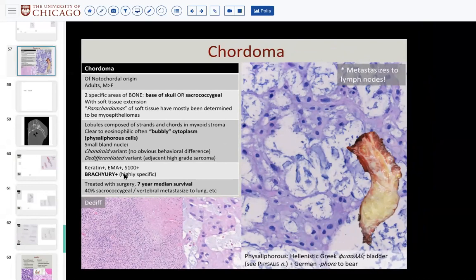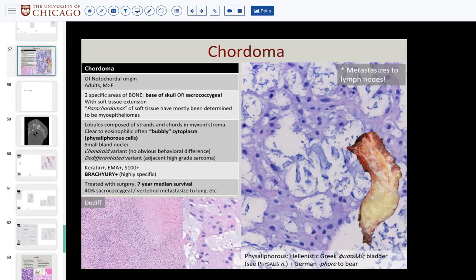Brachyury should not be. I only mention this because historically in the literature, there were these things called parachordomas. I don't know if you've ever read about these. Parachordomas were thought to be chordomas arising off midline in the peripheral soft tissues. These are basically myoepitheliomas because they don't have brachyury.